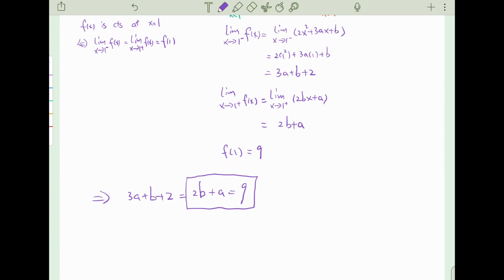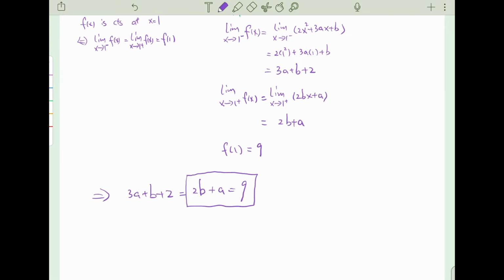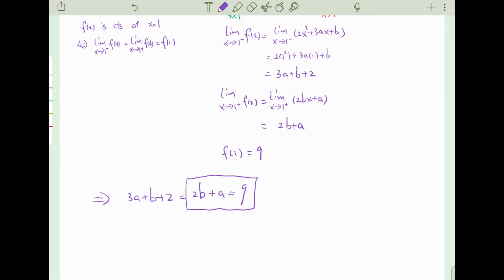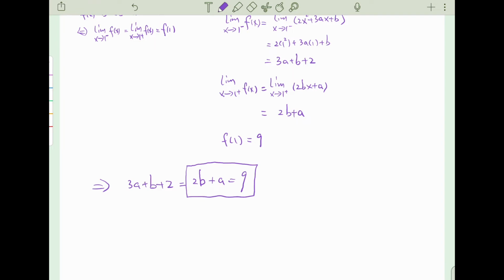by eliminating maybe the b, right, and substitute that into the other expression. So by solving this, I can have a equal to 9 minus 2b, right? And I can plug in my 9 minus 2b into this expression.